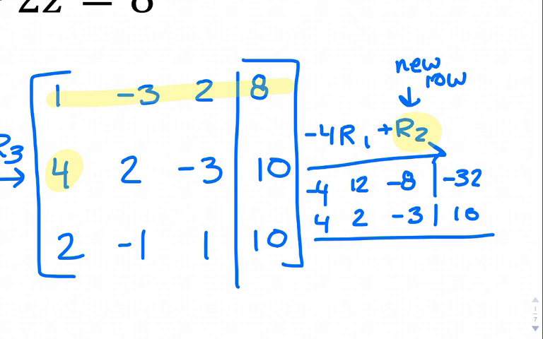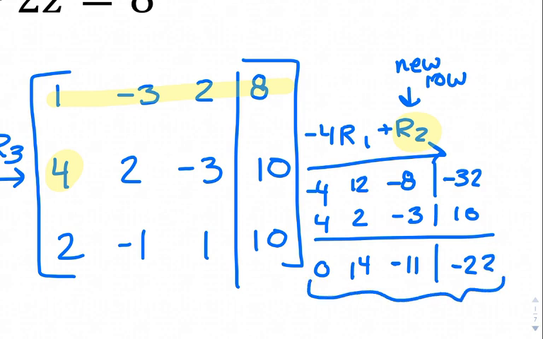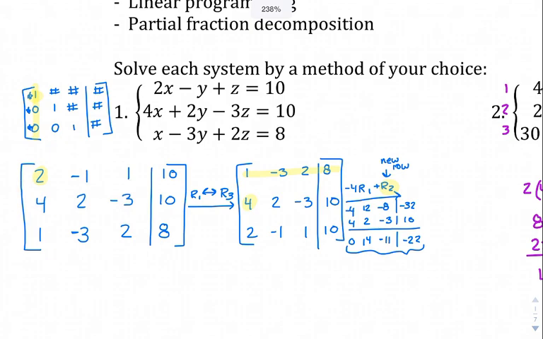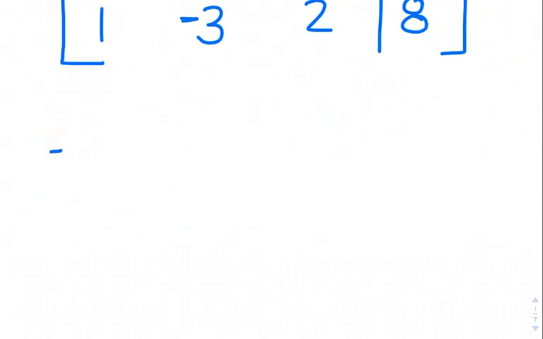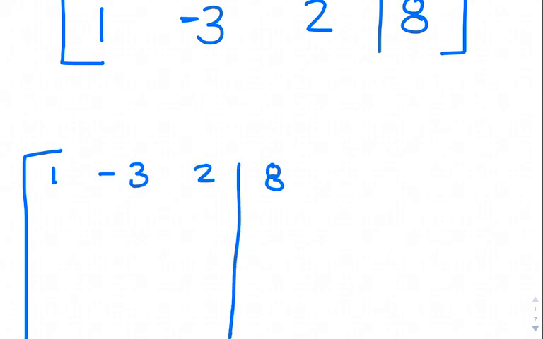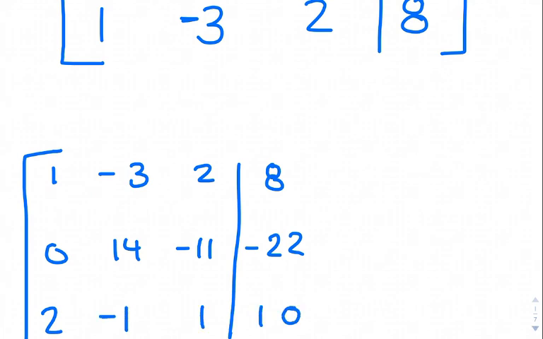And when I add it, my new row becomes 0, 14, negative 11, and negative 22. So I'm going to replace this part only in row 2. I'm going to rewrite my matrix. Row 1 stays the same. Row 2 changes to that 0, 14, negative 11, negative 22. And row 3 stays the same. So that's 2, negative 1, 1, and 10.